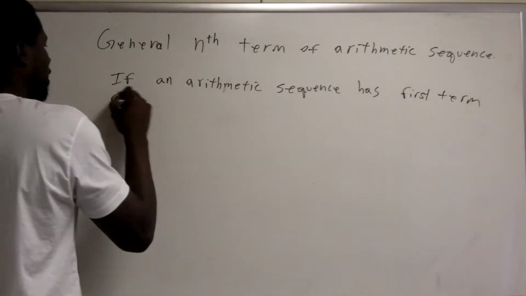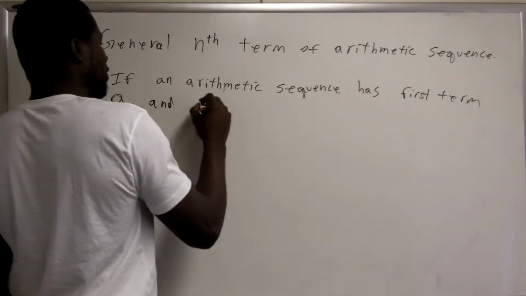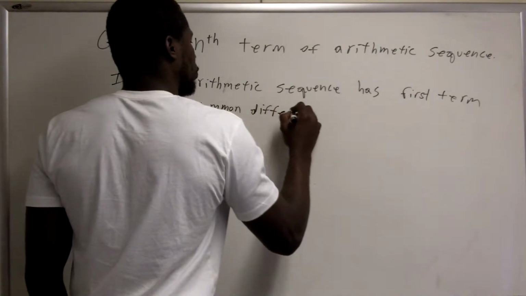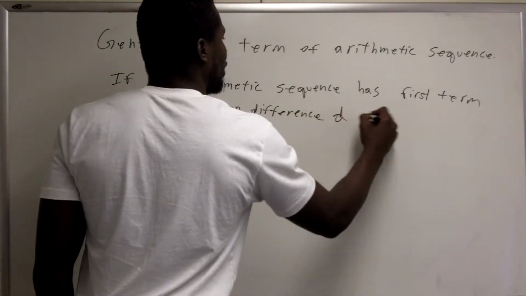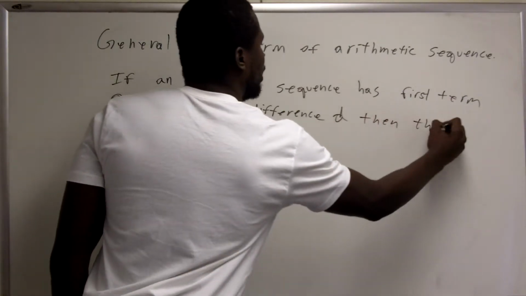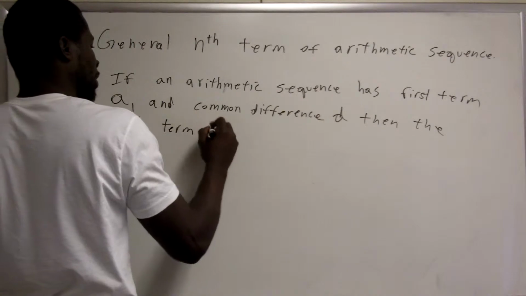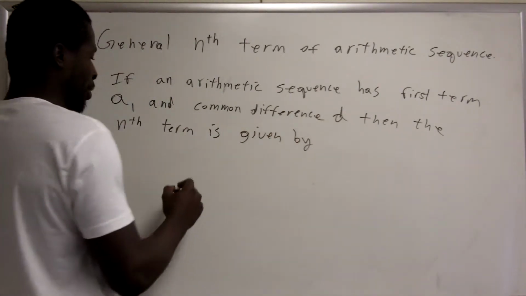So if an arithmetic sequence has first term called A1 and common difference, and the common difference we're going to call D, then the nth term is given by, so this is a formula for the nth term.